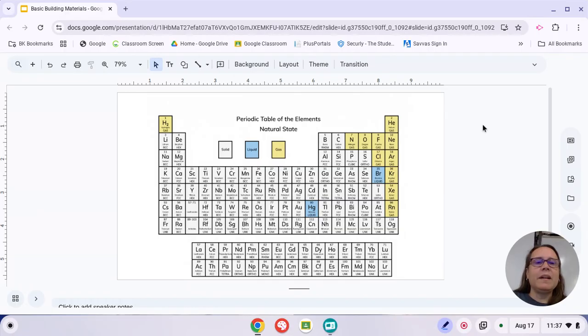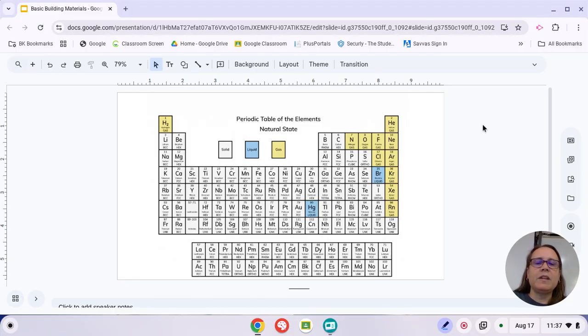Okay. This is another color-coded periodic table that shows different properties. So in their natural state, that means in nature, if they exist in nature in the elemental form, would they be solid, liquid, or gas? And I know you guys know what a solid, liquid, or gas is.